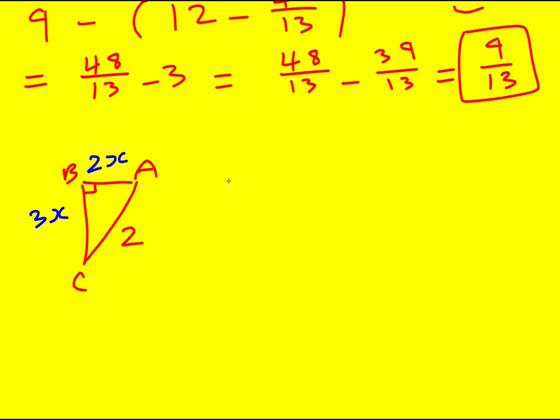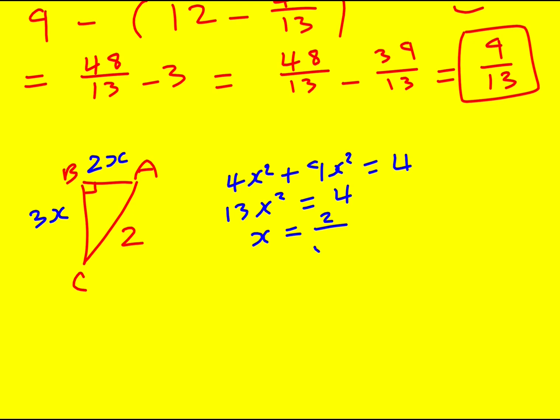So we can now use Pythagoras' theorem. It's going to be 4x squared plus 9x squared is equal to 4, and therefore 13x squared is equal to 4. So x squared is going to be 4 over 13, x is going to be 2 over root 13. And that means we found the length of the triangle. It's going to be 4 over root 13 and 6 over root 13.